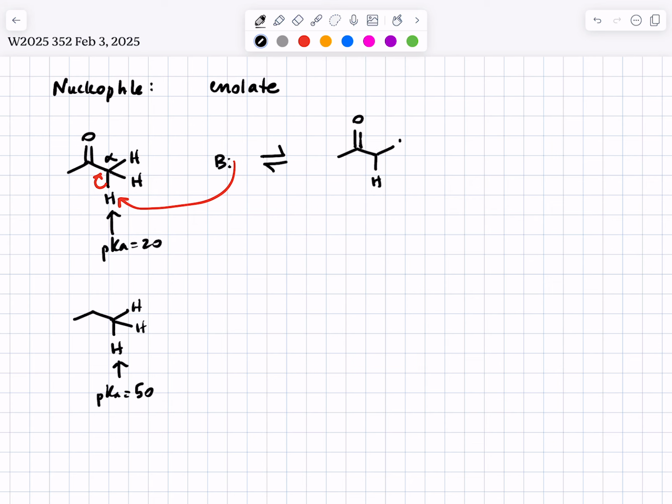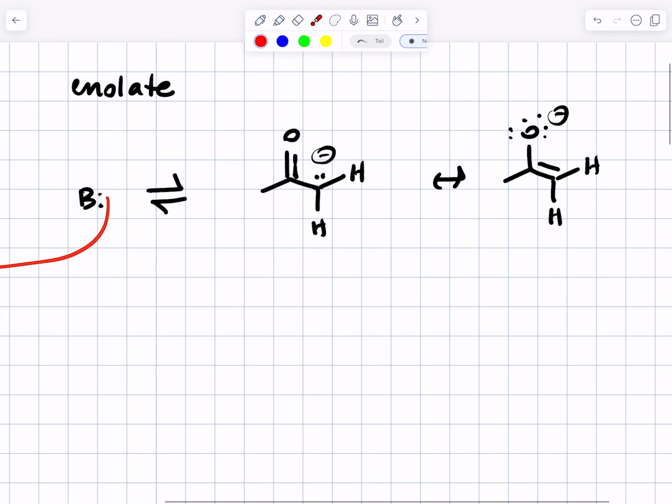So here is one resonance structure of the enolate, and here is the other resonance structure of the enolate. And you can draw the enolate either of those two ways. Those are two alternative ways of showing the enolate. What you need to infer by that is a couple of things.